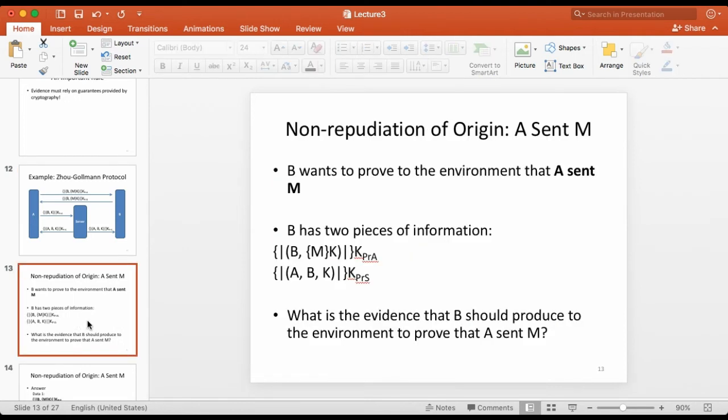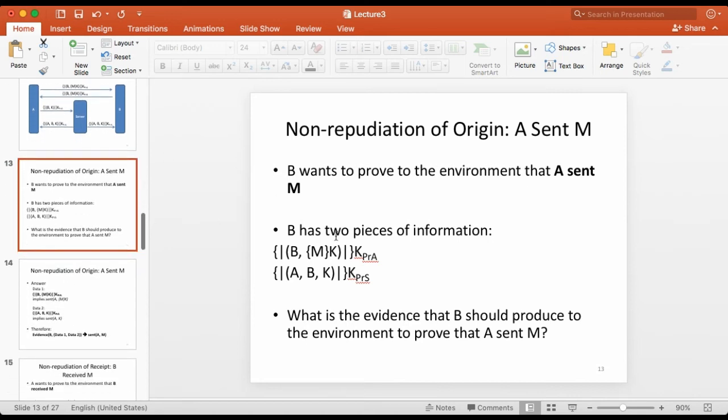So the first thing B would like to do is to prove that A indeed sent that message M, or in other words, that the transaction actually did come from A. Okay, so what does B need to do in order for it to prove to the outside world or to some kind of external arbitrator that A indeed did send M and it wasn't someone else who sent M?